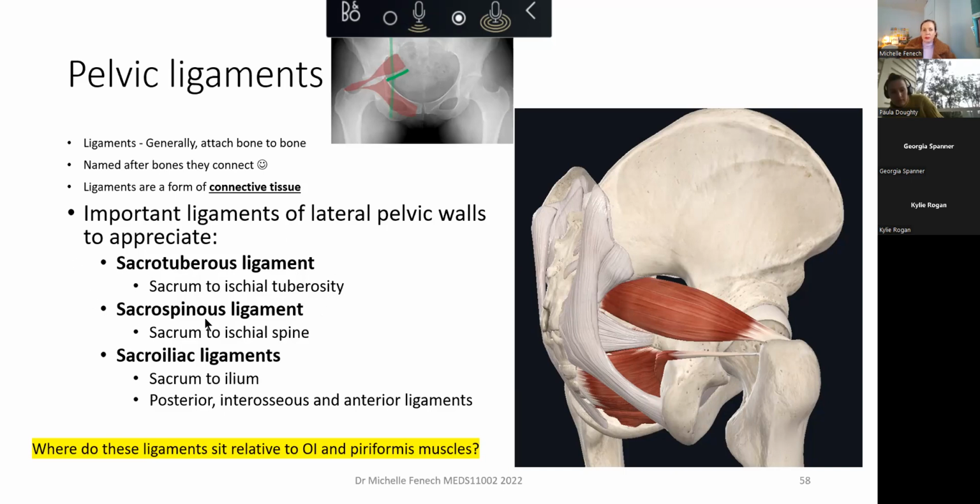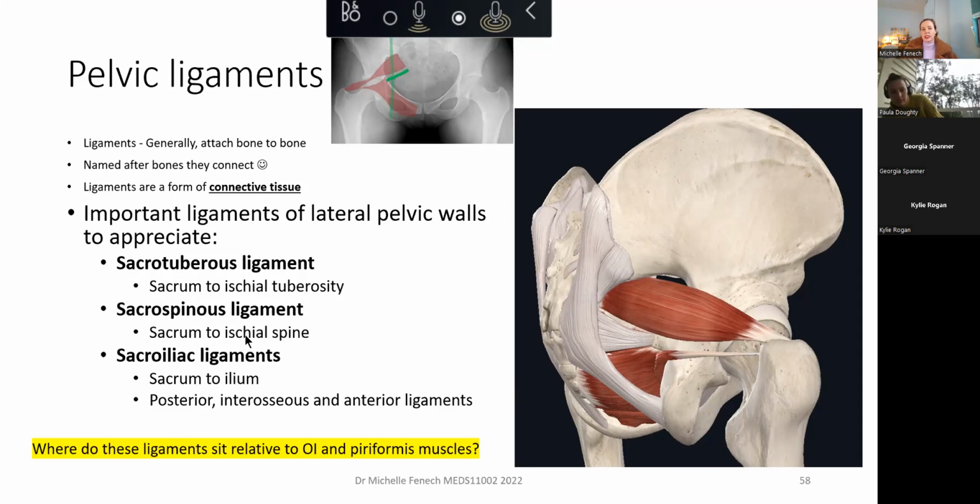This is a really important concept that you get early on, because once we get to upper and lower limbs we have these ligament names that feel like you're speaking Welsh, they're so long, but they're actually really easy to understand. So the earlier you get this concept, the much easier a lot of anatomy will be for you. Sacrospinous ligament, it attaches the sacrum to the spine.